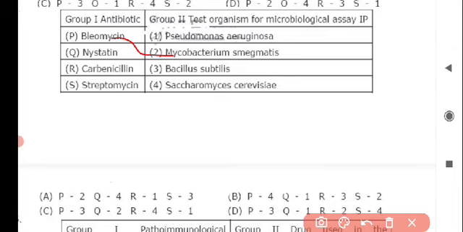For the second option, that is nystatin, the correct option is option number 4, that is Saccharomyces cerevisiae. For option number 3, that is carbenicillin, the correct option is option number 1, Pseudomonas aeruginosa. And for streptomycin, the correct answer is option 3, Bacillus subtilis. So option number A is correct for this question.